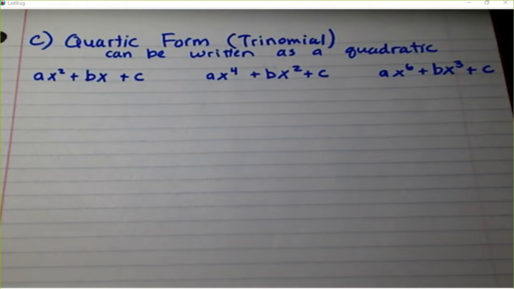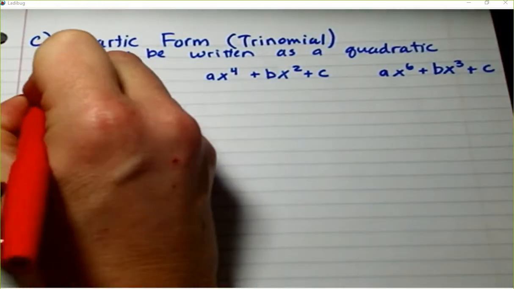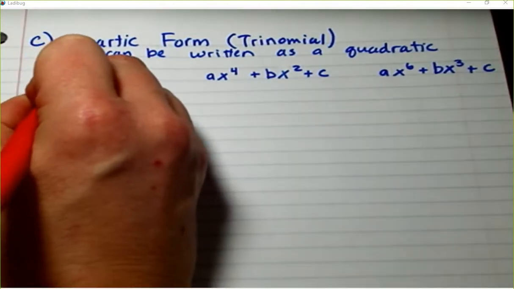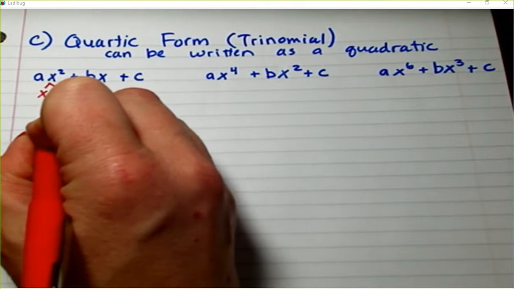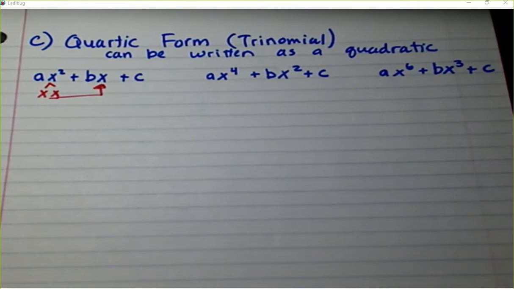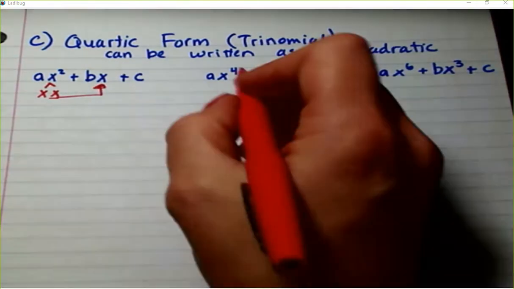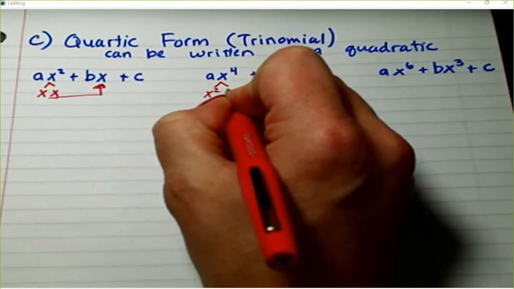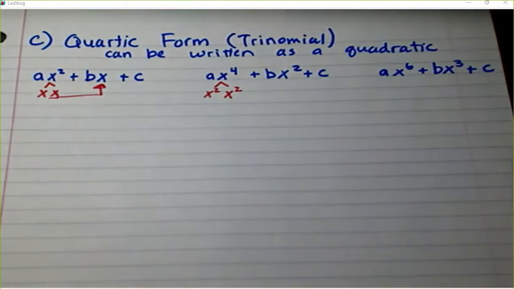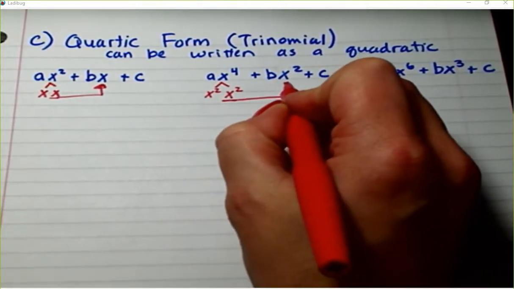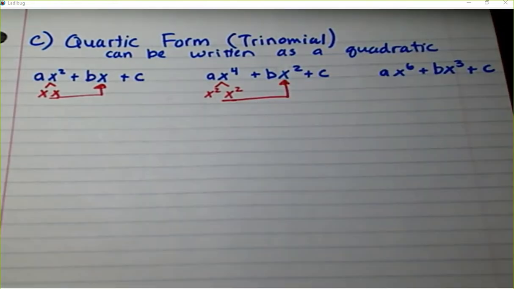So we're going to look at them and we're going to figure out why these are the quadratic form. Okay? So the first thing I notice is that x squared is x times x. Notice that the middle term is just one of those things. X to the 4th is x squared times x squared. Notice how the middle term is just one of those things.